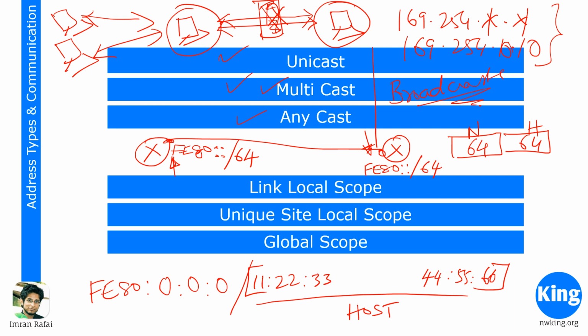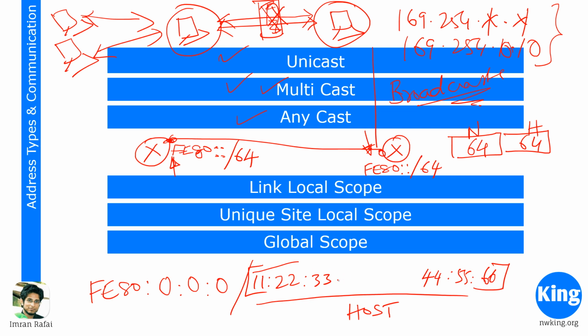This is the Microsoft way of denoting it. I think Cisco denotes it by four, so you have three blocks of four hexadecimal digits. So let's do the Microsoft way. It is 11:22:33:44:55:66. This is the MAC address of, let's assume, this interface.